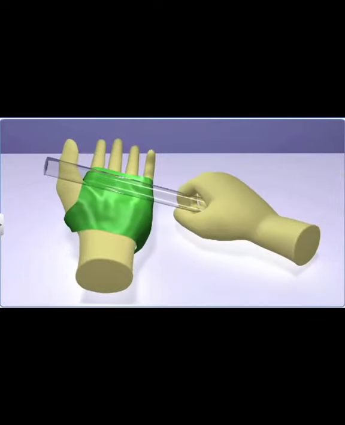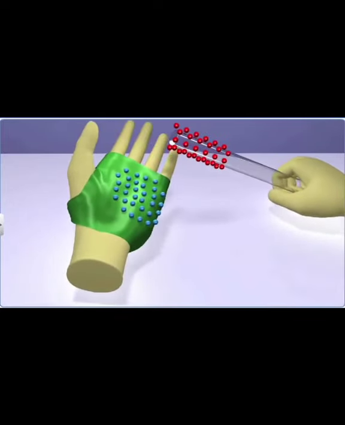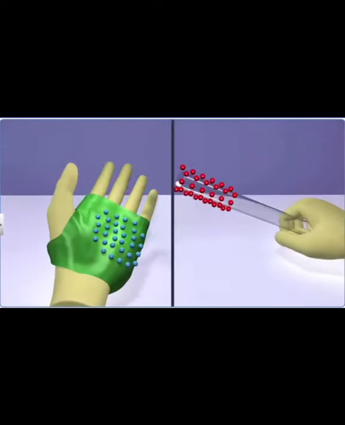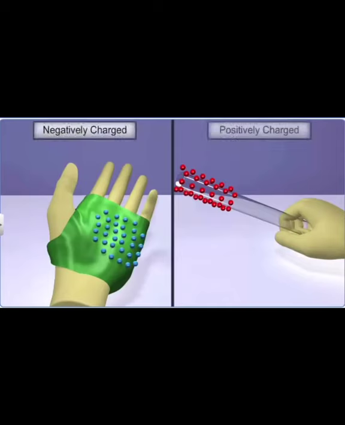In this method, there is a transfer of electrons from one body to another. The material that gains electrons is negatively charged, and the one that loses electrons is positively charged. In this case, silk is negatively charged and glass rod is positively charged.